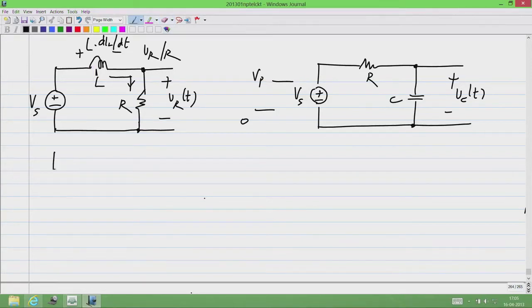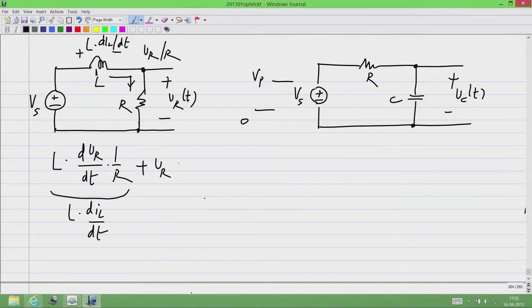Okay. So, L times dIL by dt, which is L times dVR by dt times 1 by R. Okay, this is equal to L dIL by dt plus VR equals Vs.